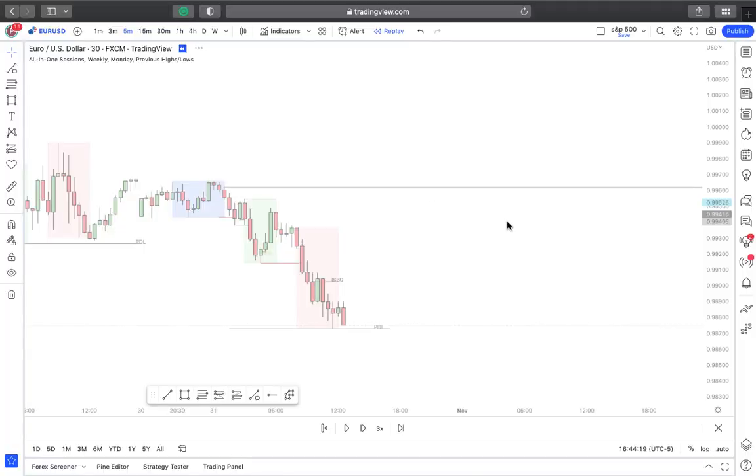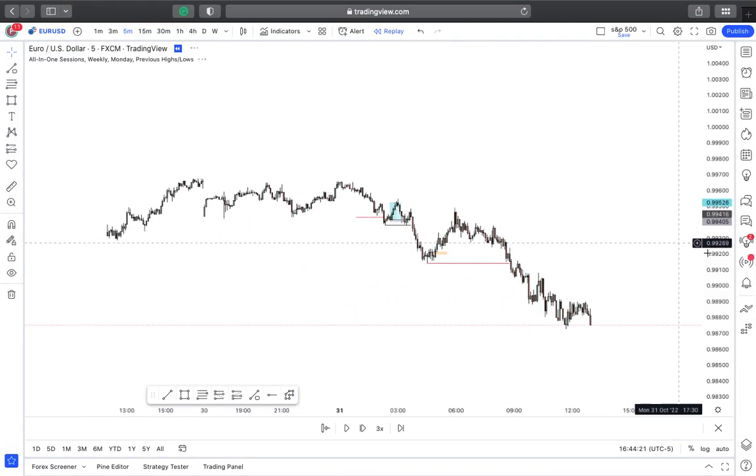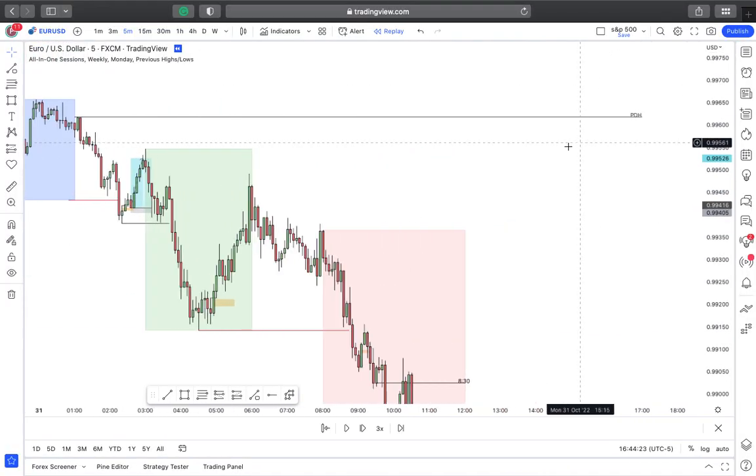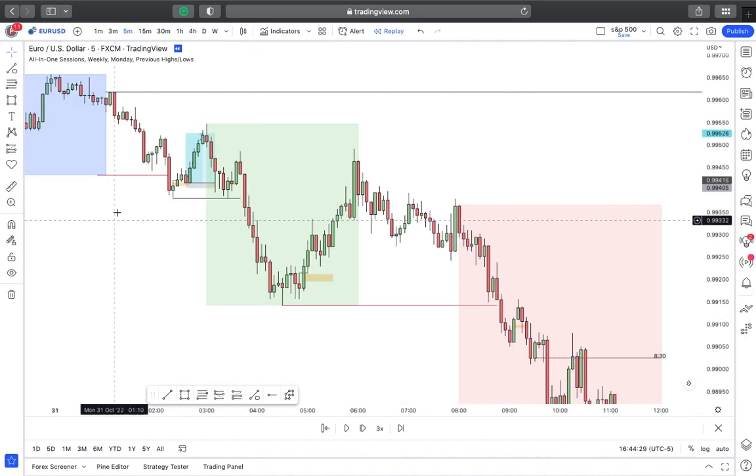Now in this scenario, how could you catch the sells, right? Because after this sweep, we were looking for buys, right? So what could have happened if you were to take the sells?